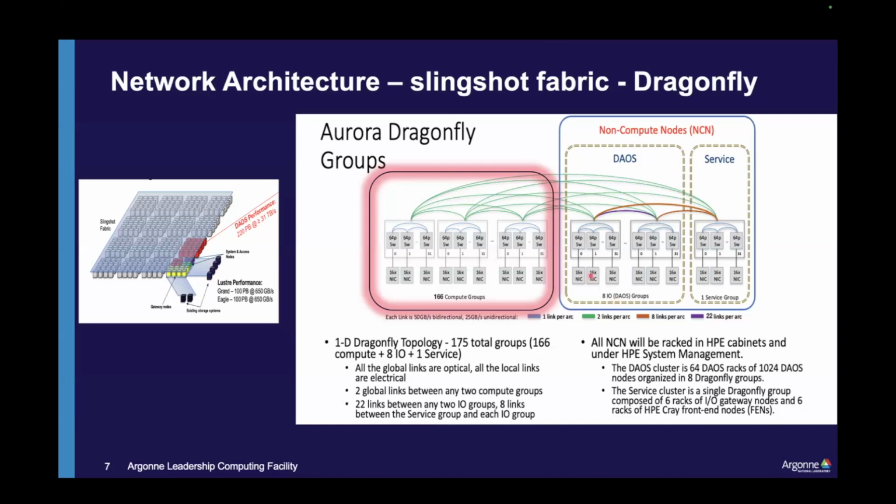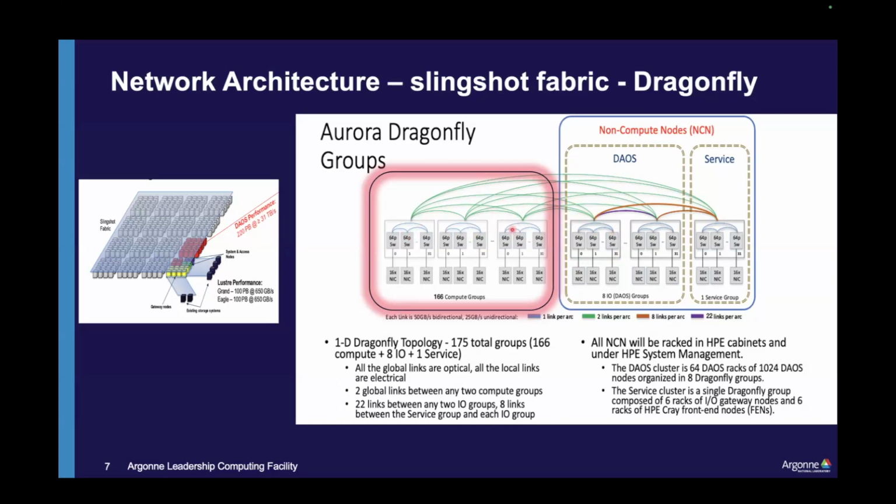That means each DAOS group has at least 64 racks, and you can see that each compute cabinet has a dedicated link to each of the DAOS groups. For example, if you focus on this one DAOS group, you can see that all 166 cabinets have a direct link to the DAOS nodes.